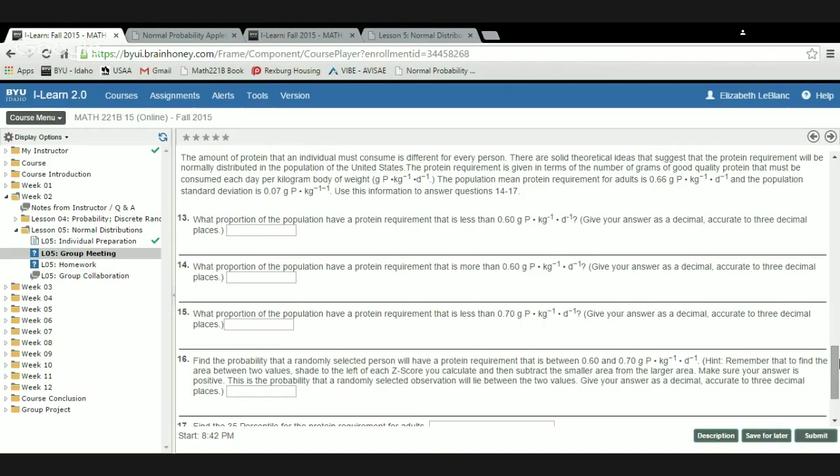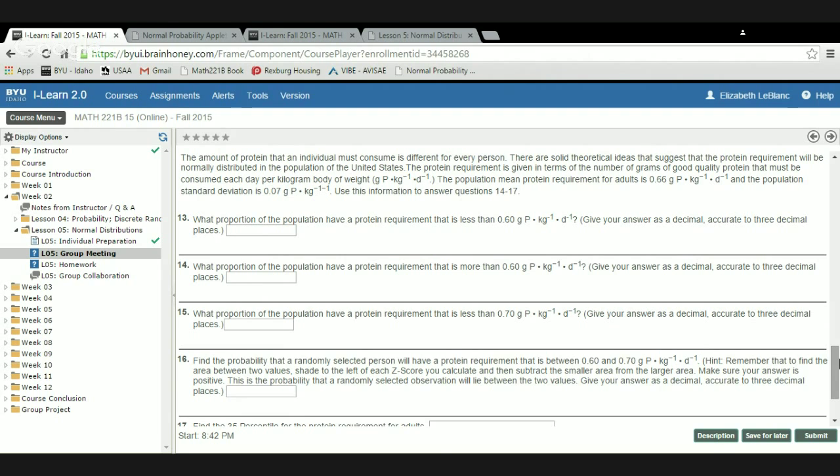So we do 0.6 minus the mean, which they said is 0.66, and that equals negative 0.06. And then you divide that by the standard deviation, which is 0.07. And then you get some negative number.